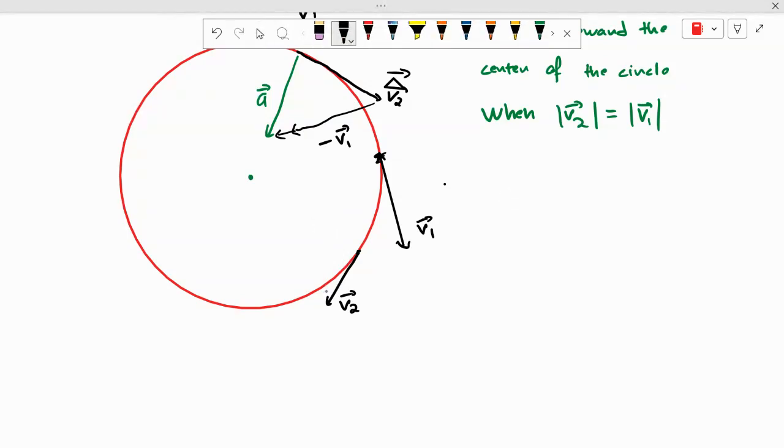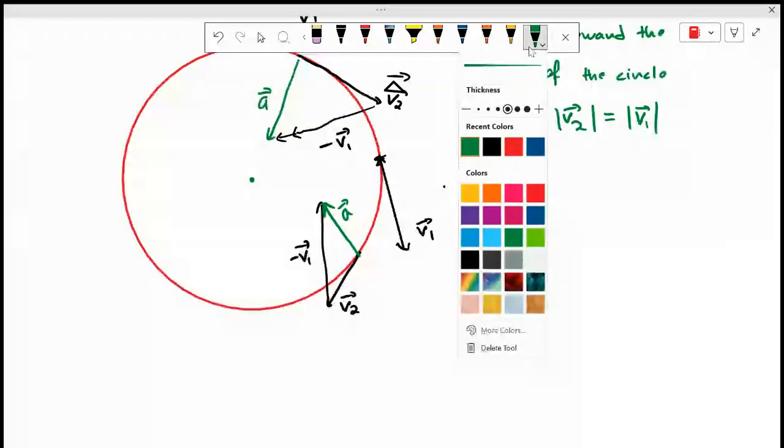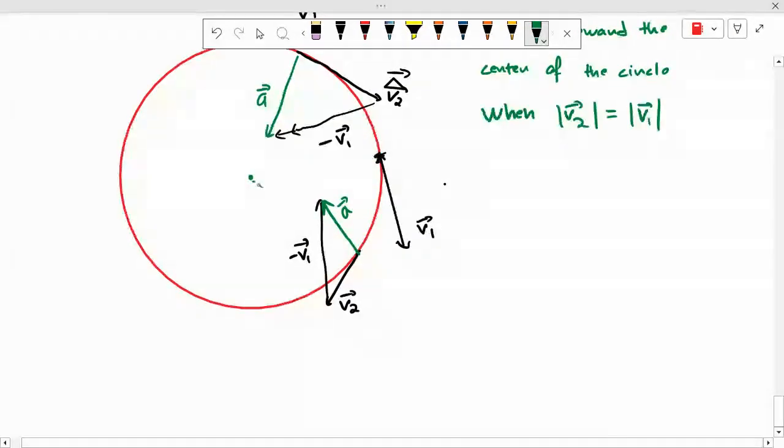And we have V2 minus V1. We will have an A that points slightly behind.